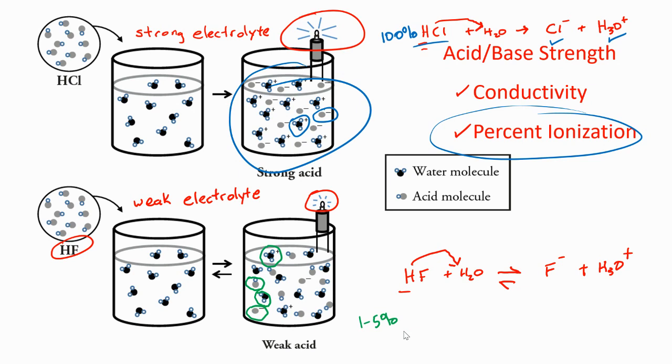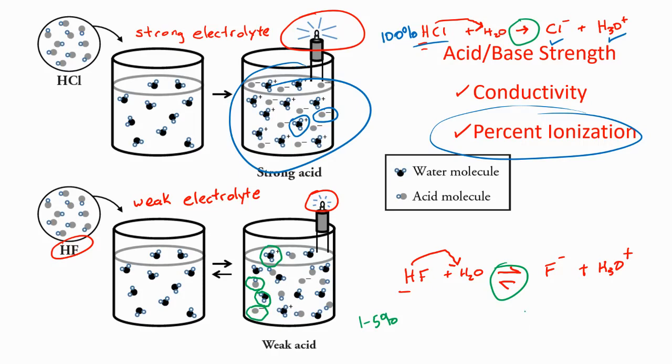So, how do I tell the difference in the equation itself? Well, the primary way is looking at the arrows. If I look at HCl, it ionizes completely to Cl minus and H3O plus. They cannot react and come back to form more HCl and water. And so it stays only on the product side. We only get ions in solution.